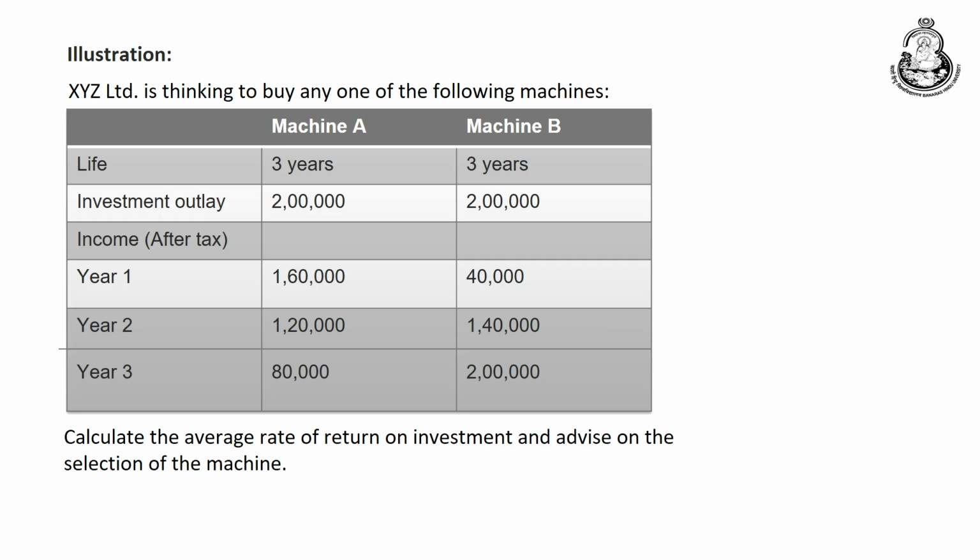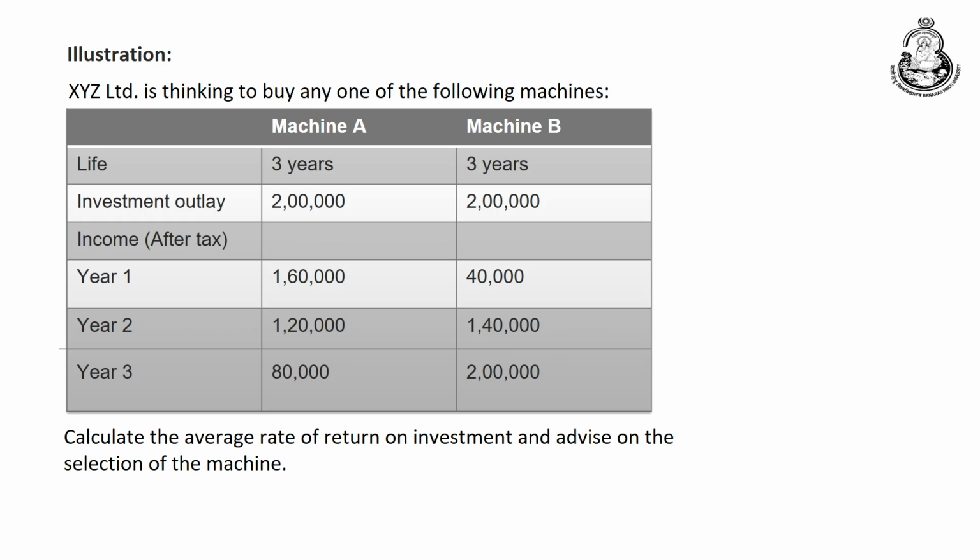Both the machines require an investment outlay of 2 lakhs. Now, let us see the pattern of income generated from the project, where machine A is generating 1,60,000 in the first year, 1,20,000 in the second year, and only 80,000 in the third year, but machine B is generating 40,000 in the first year, 1,40,000 in the second year, and 2 lakhs in the third year.